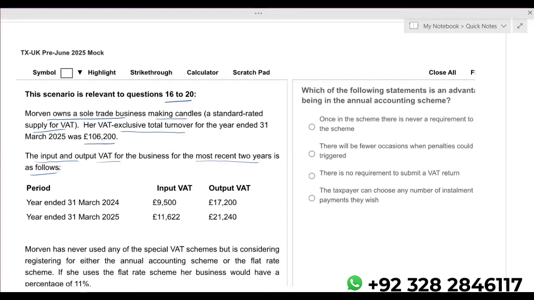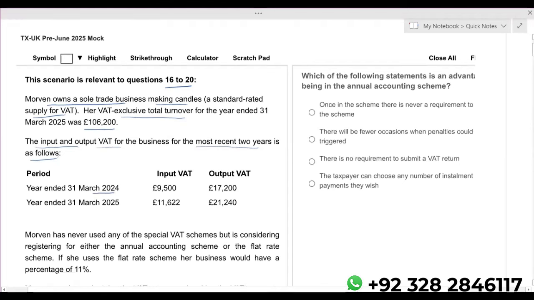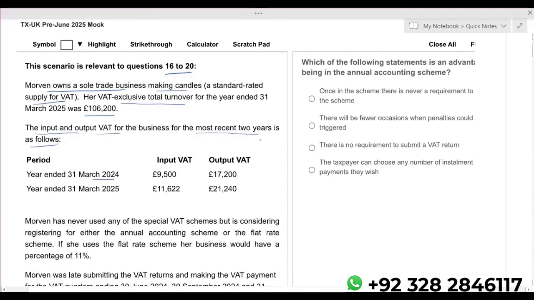If your input is more than output, then the difference is VAT refundable from HMRC. Year ended March 24, you can see that you have a VAT payable because output is more than input. And the same is happening in March 25 as well. Your output VAT is more than input VAT.